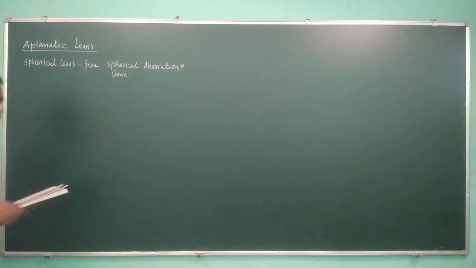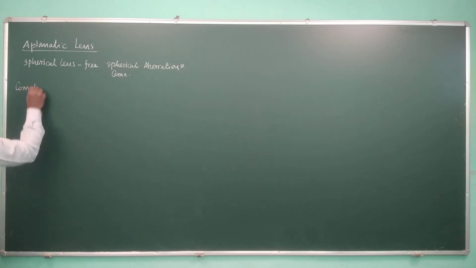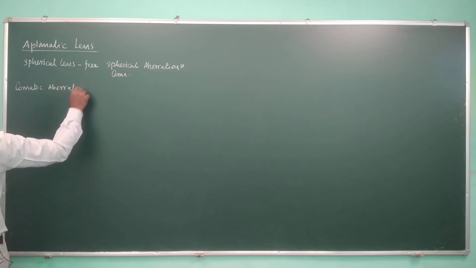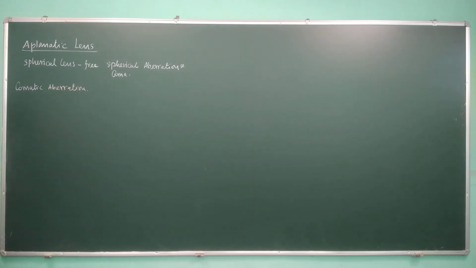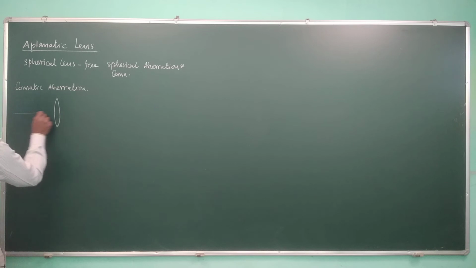We have defined what spherical aberration is, but what is coma? Coma is another kind of aberration. Suppose you have a double convex lens and this is the principal axis.